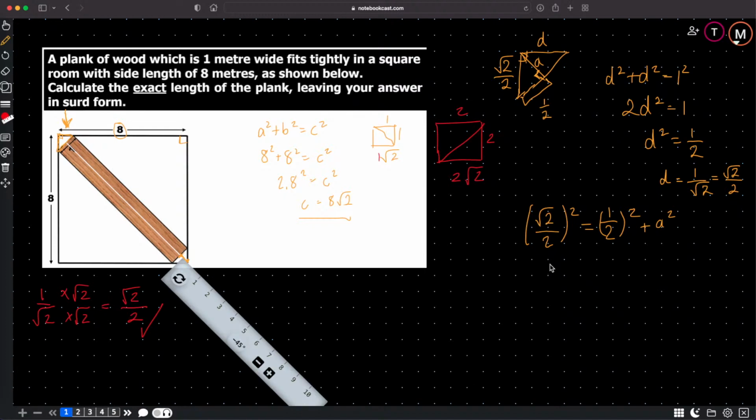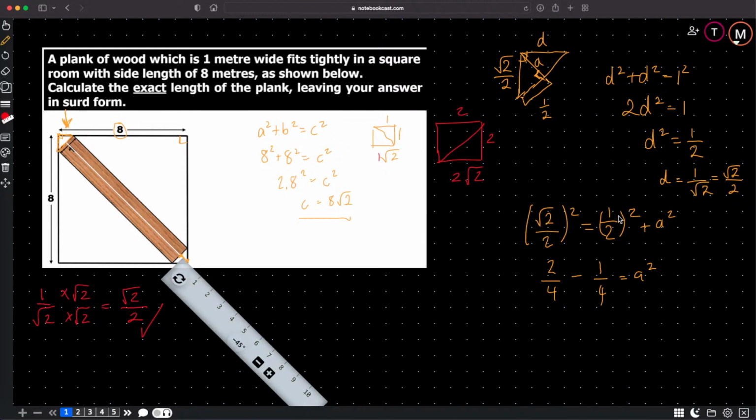This is going to be 2 over 4. This is going to be a quarter, so we'll subtract that. So here I've subtracted a half squared from the left-hand side. What am I getting there?